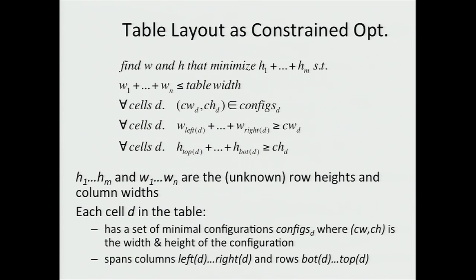Now, looking at table layout as a constrained optimisation problem, of course the advantage is that it suggests you can use all the many, many different techniques that have been developed for constrained optimisation.